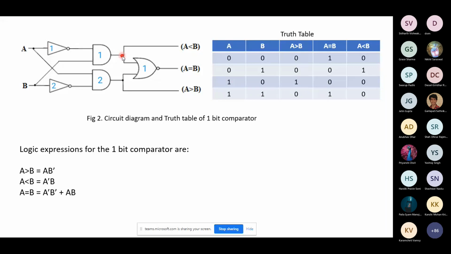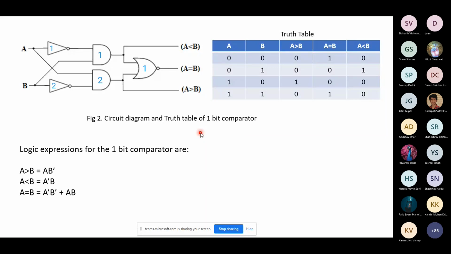If you put this in a NOR gate, you will get A equals B. Some Boolean function will be coming, and you will get A bar B bar plus AB at the output of the NOR gate. This is the 1-bit comparator, and this circuit is given in the VLab.